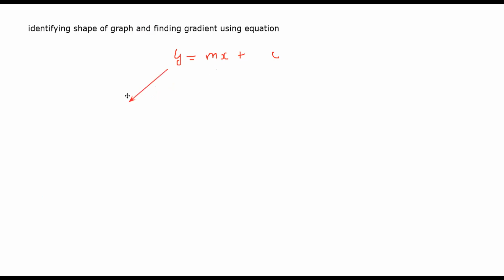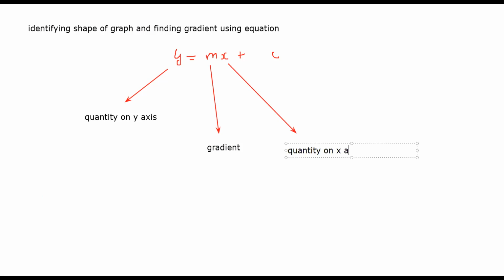So y refers to the quantity on the y-axis, m refers to the gradient, x refers to the quantity on the x-axis, and c refers to the y-intercept. So y = mx + c.